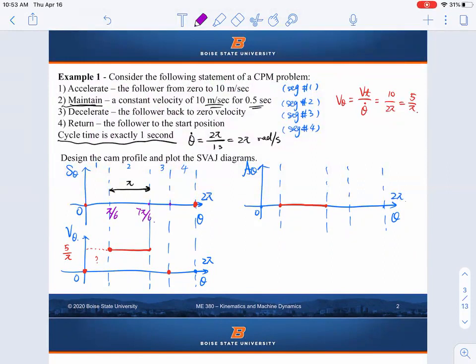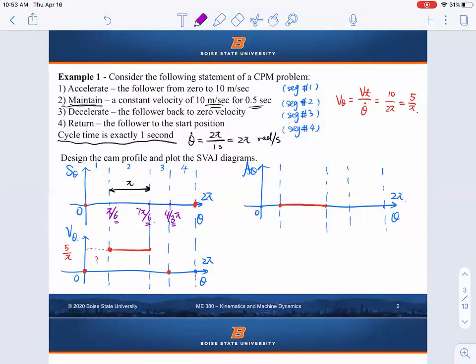And then we also assume that segment 3 is also 30 degrees. So that's 4 over 3 pi. And eventually that's 2 pi. We have 120 degrees for the last segment. So all the purple numbers are provided randomly. Yes, exactly. So we choose 30 degrees just as an example.